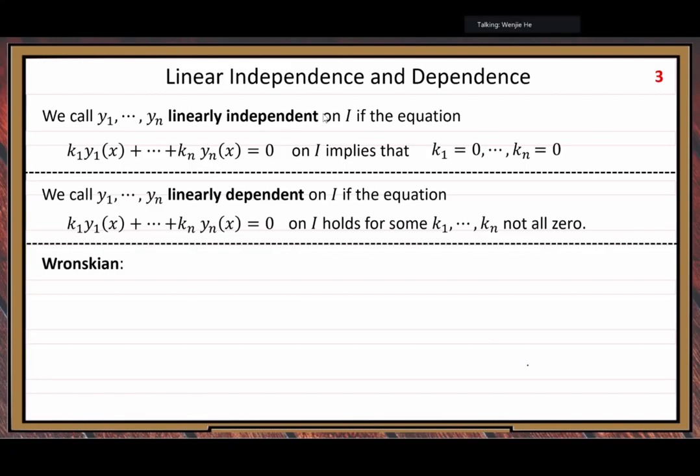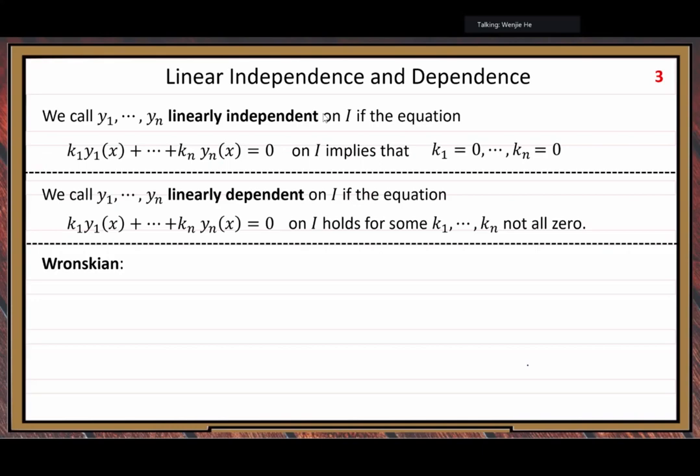So then the Wronskian. For this equation we can take the first derivative, second derivative. So think about this function equal to 0 or non-zero. Both cases we consider equal to 0, right?